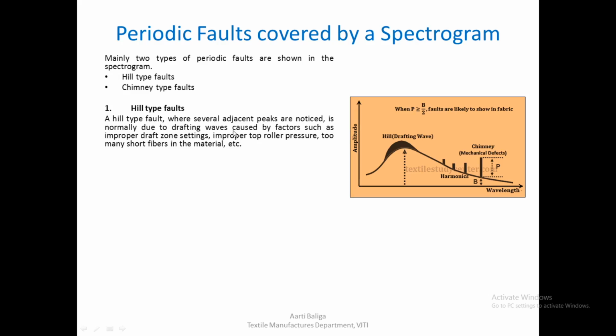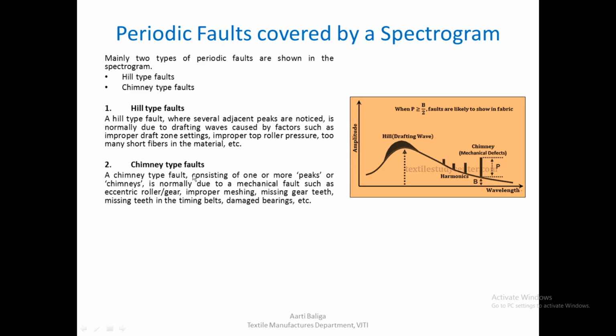It will be a set of adjacent peaks, a lot of them, and they will try to form a curve like this, and this is happening because of the drafting wave. The factors that cause this drafting wave, as we have seen in the earlier lectures, would be improper draft zone settings, improper top roller pressure, or too many short fibers in the material. There are various reasons for this drafting wave to appear in your material.